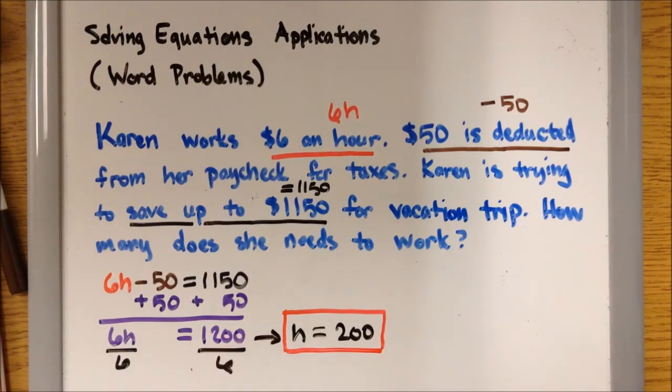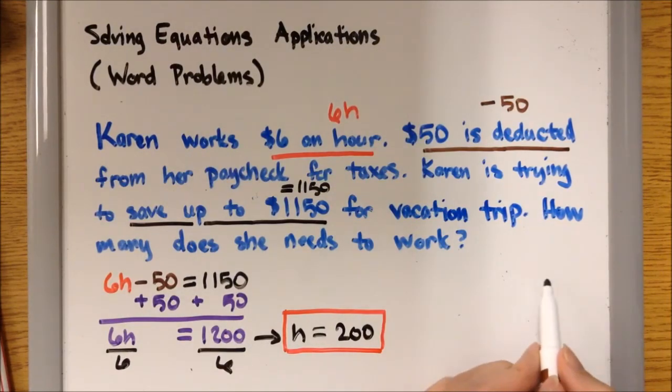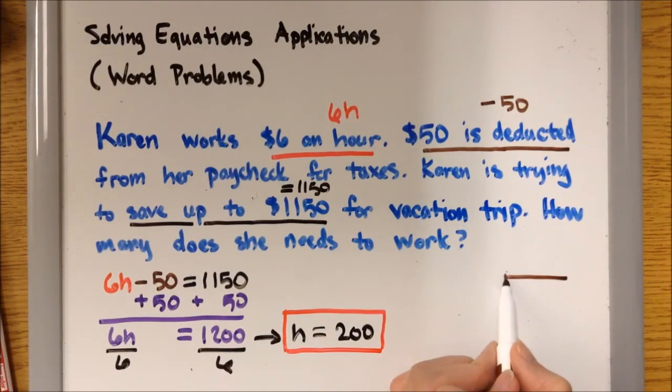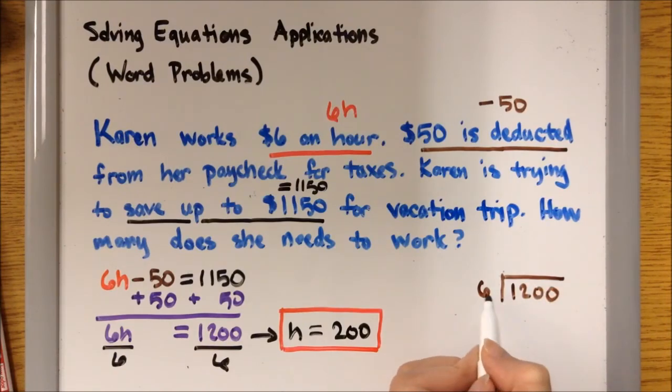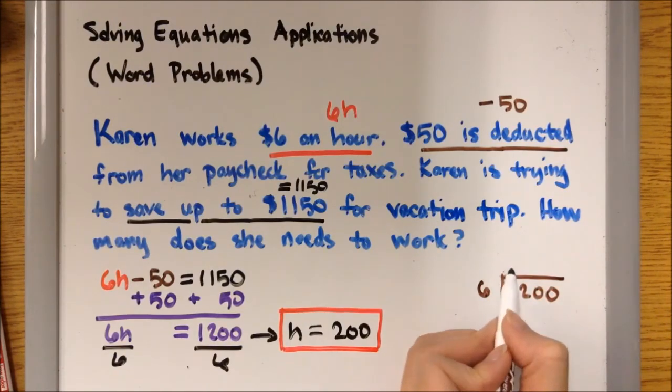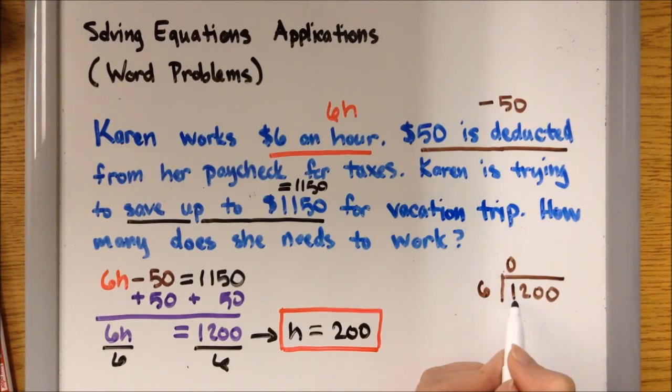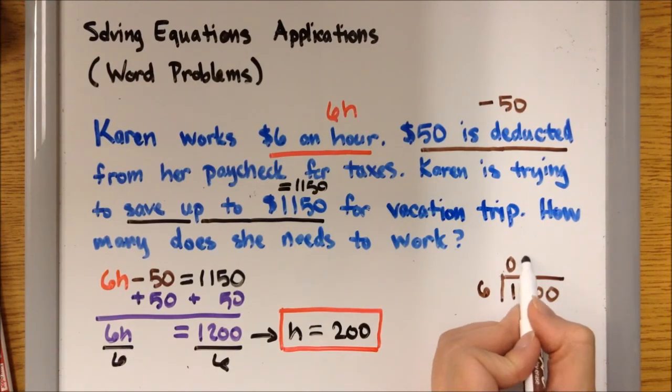Now, if you're unsure how to divide 1,200 by 6, all we have to do is set it up with long division. The denominator goes on the outside, so 6. The numerator goes on the inside. Now 6 does not go into 1, so I'm going to put 0 on the top. Instead of 1, I'm going to use the second digit to make it 12. 6 does go into 12 2 times.